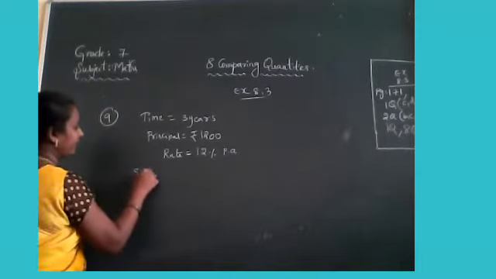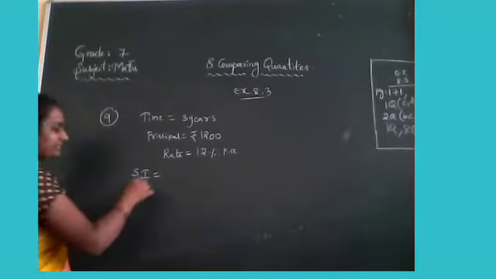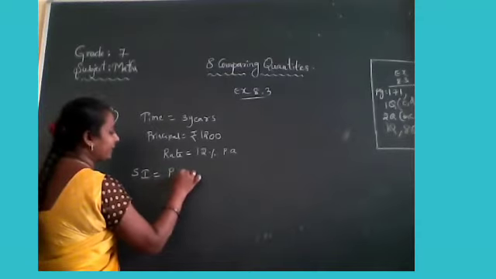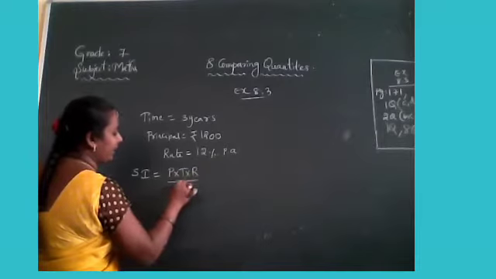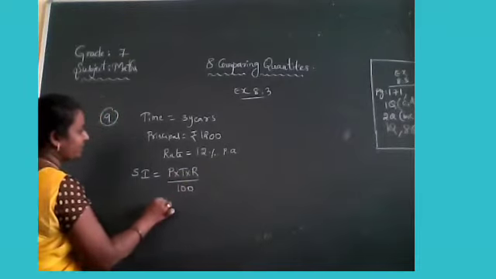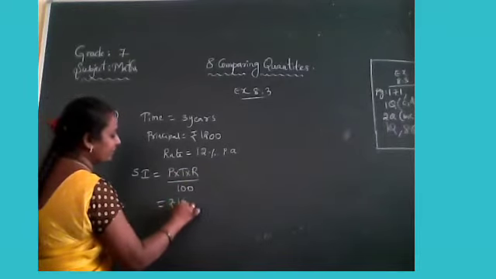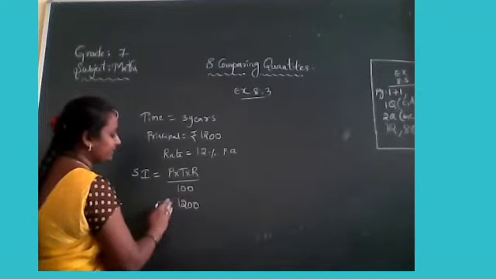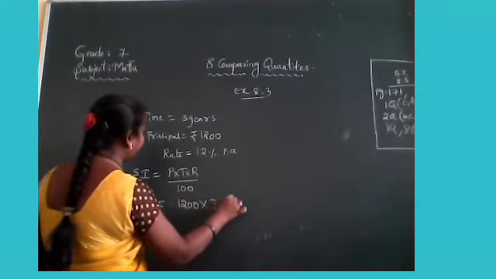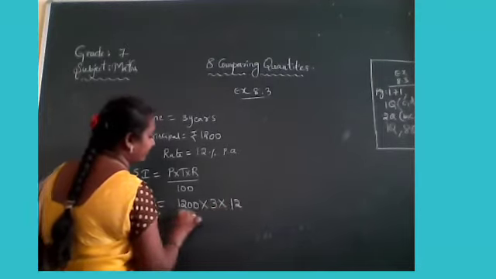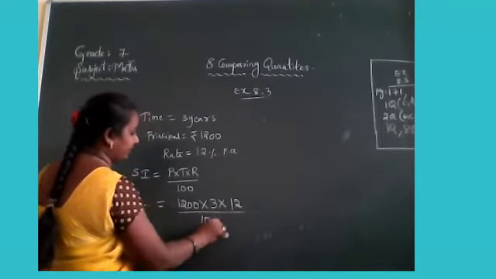So first of all you have to find the interest. Simple interest is equal to PTR by 100, that is P into T into R by 100. So principal amount is 1200 rupees, and time is 3 years, and rate is 12% by 100.